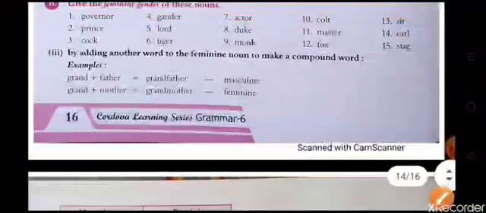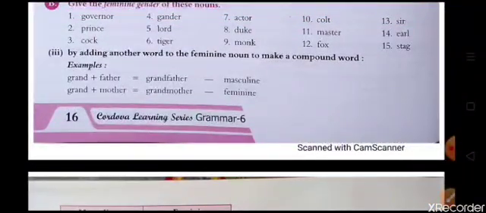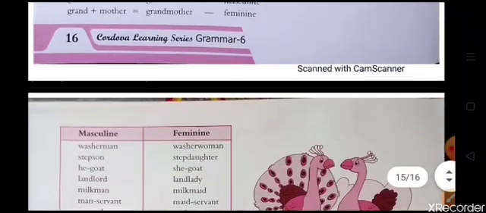By adding another word to the masculine noun to make a compound word. So grandfather equals grand plus father. This is masculine gender. Grand plus mother equals grandmother. It is feminine gender.